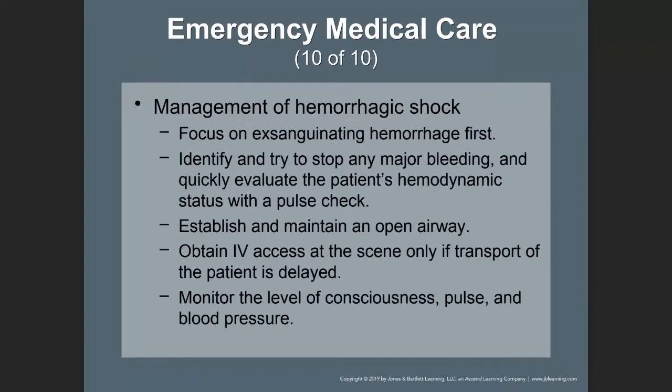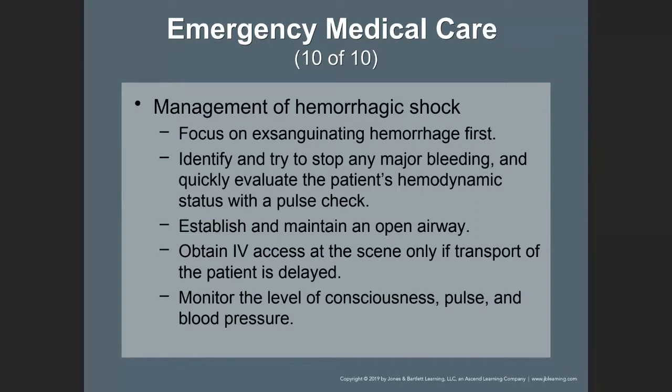Obtain IV access, and this will be the largest IV catheter that can fit this particular patient. Obtain IV access at the scene only if transport of the patient is delayed. Most of the time, we're going to push to get that IV access started in the back of the unit.